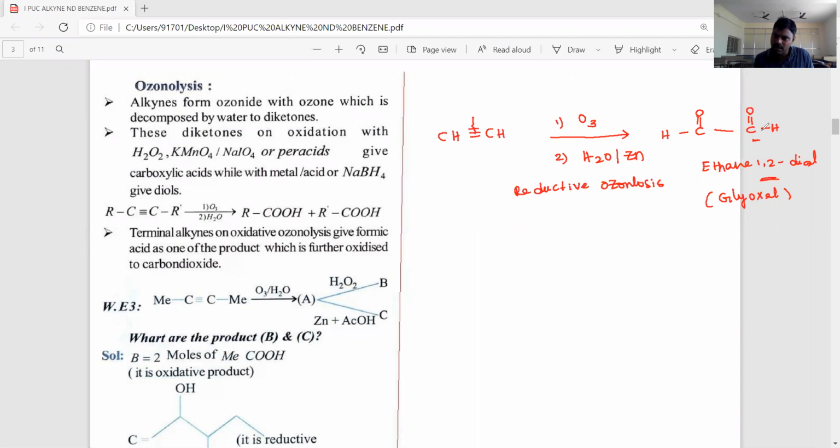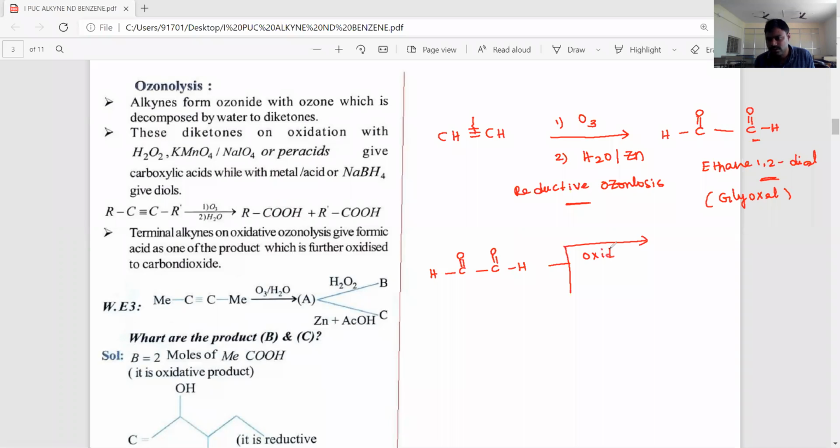What I have said up to now is called the reductive ozonolysis reaction. Now take this ethanedial as the reactant, with CHO and CHO.